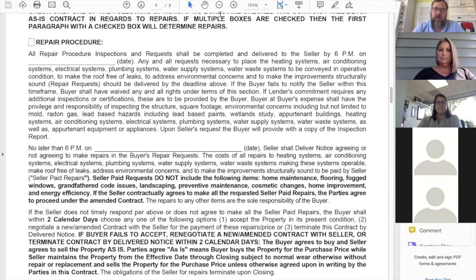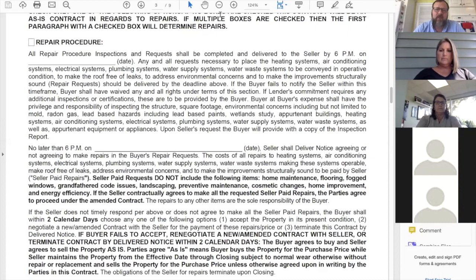If we don't notify them within this time frame, then we've waived any rights under this section. So we want to make sure we deliver it to them by this date above here. If your lender requires any additional inspections or certifications, these are to be provided by the buyer as well.